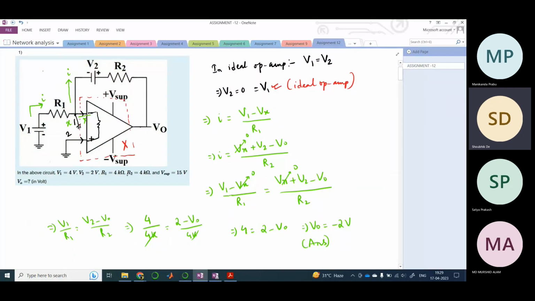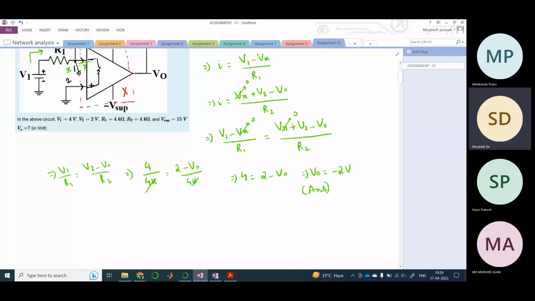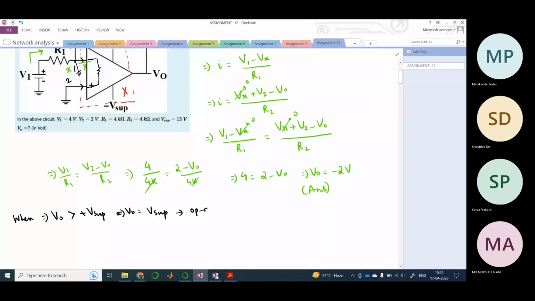And as we saw, this will only come into the picture when V0 is greater than plus VSUP, then your V0 becomes equal to VSUP. So we say that the op amp is saturated. Op amp gets saturated when this condition is satisfied.